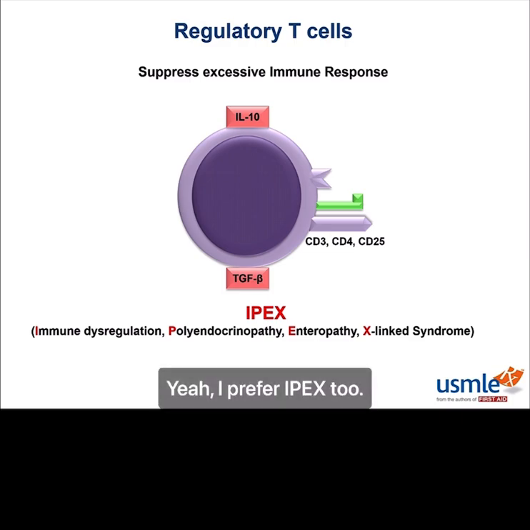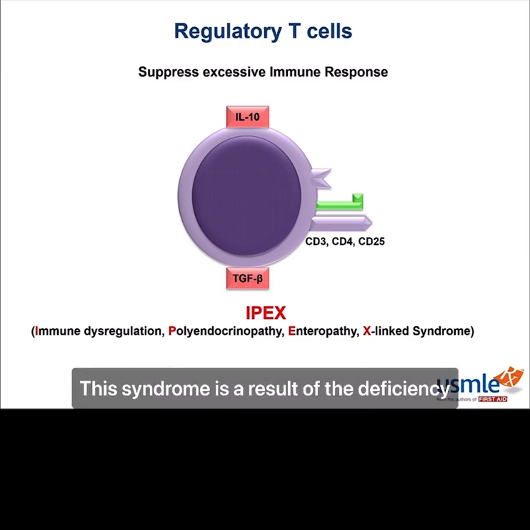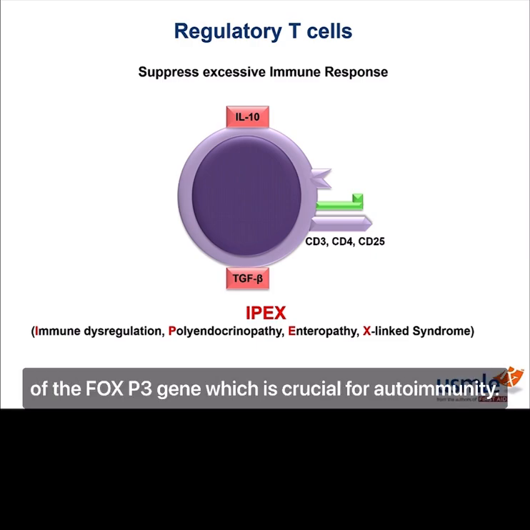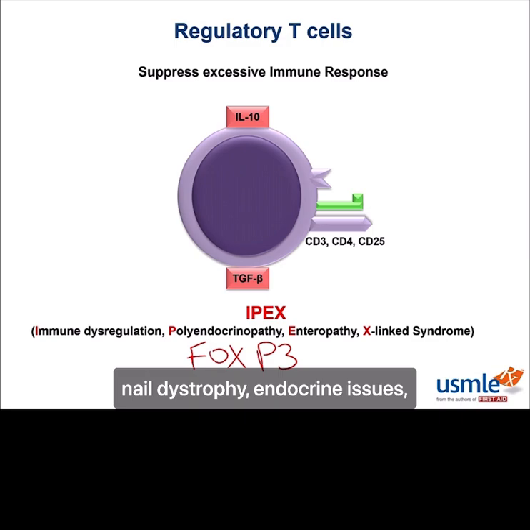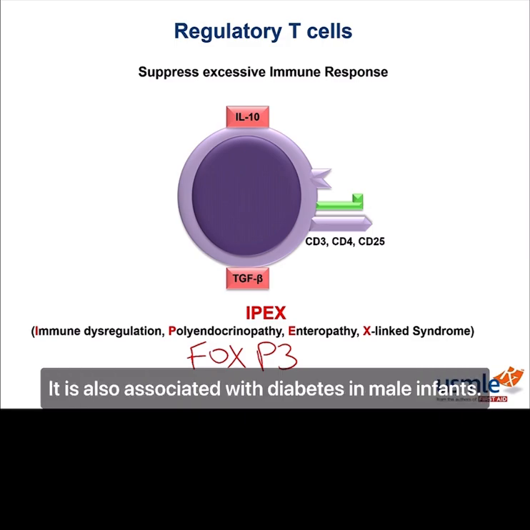Yeah, I prefer IPEX too. This syndrome is a result of a deficiency of the FOXP3 gene, which is crucial for autoimmunity. A patient with this would present with GI symptoms, nail dystrophy, endocrine issues, and other autoimmune disorders. It is also associated with diabetes in male infants.